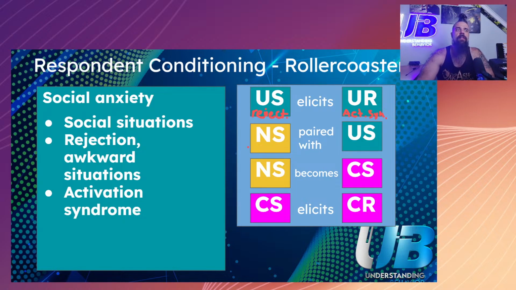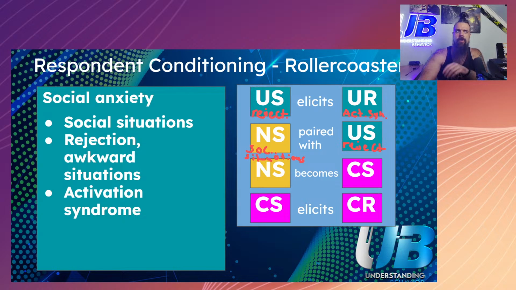All right, let's go ahead and review this one. So our NS is going to be something that doesn't have this power before pairing. This is going to be our social situations. Social situations don't always cause this fear response, but when they're paired with rejection, then they get that eliciting power.